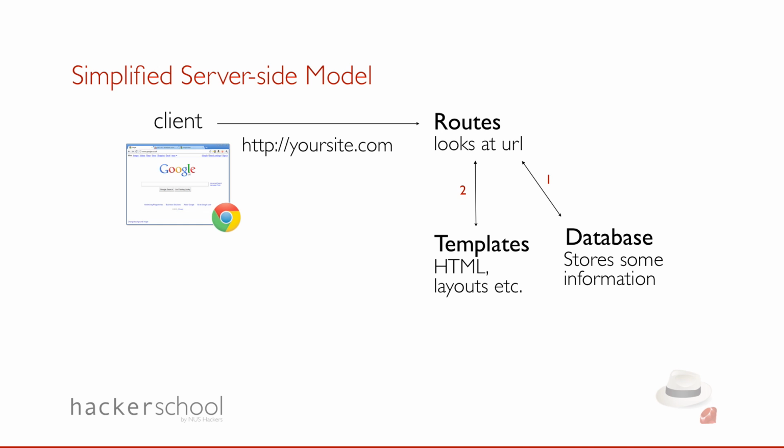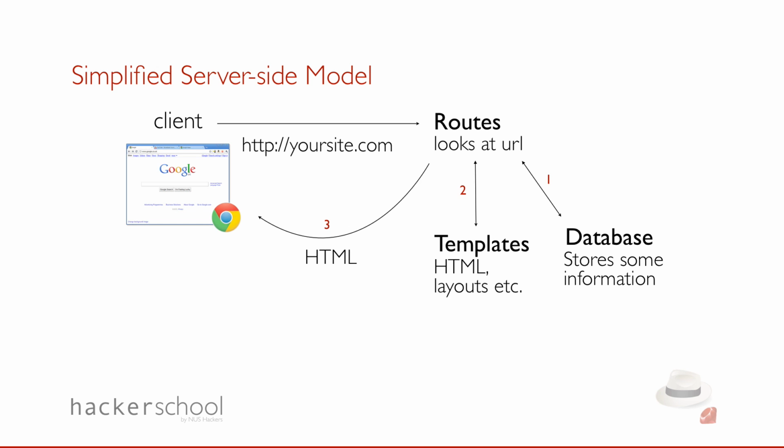So routes makes the decision based on what URL the request has, and then it gets the different templates. And finally, routes takes the templates, takes the information it got from the database, mixes them together, and returns HTML to the client.